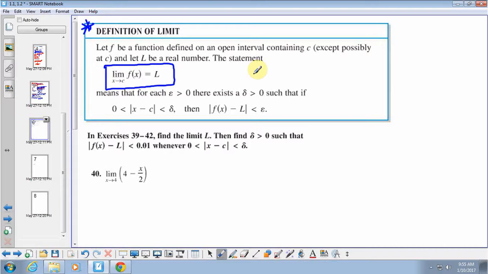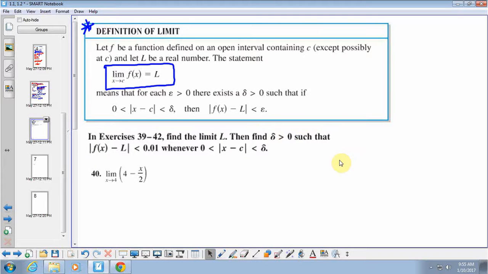So what does that mean? That means that for a given epsilon, and in the first couple of problems that we're about to do, they're going to give us an epsilon, you should be able to find delta after you do some calculations, some little algebra.